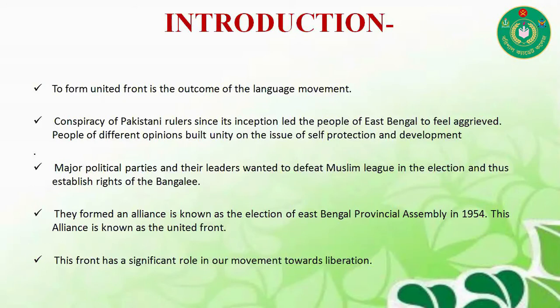Major political parties and their leaders wanted to defeat the Muslim League in the election and thus establish the rights of the Bengali. They formed an alliance for the election of the East Bengal Provincial Assembly in 1954.